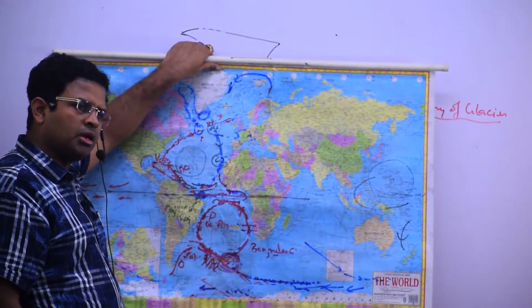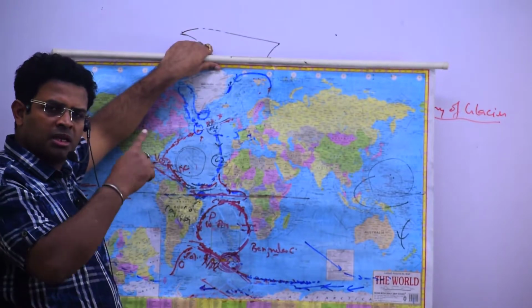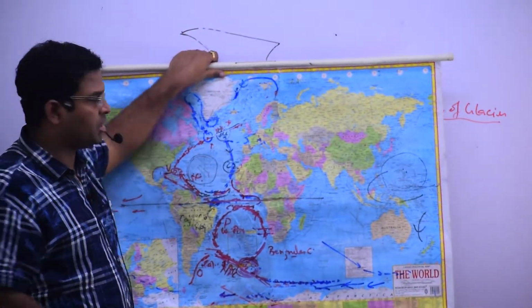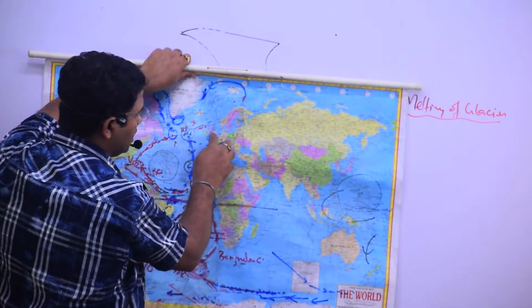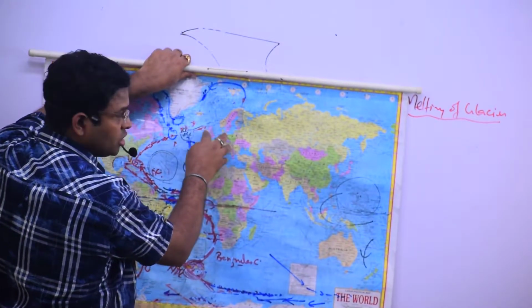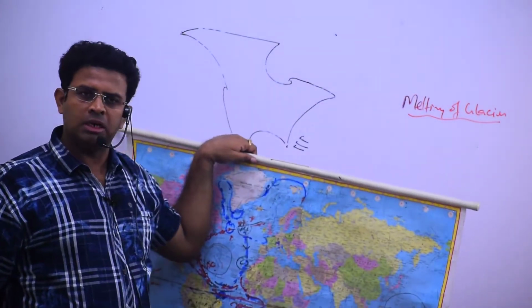So where the level of water will be up? In the Baltic Sea, and therefore the ocean current is coming from यहाँ पे level of water in the Baltic Sea is more, and this is North Sea nearby Greenland. So यहाँ से ocean current will move from Baltic Sea to Greenland.